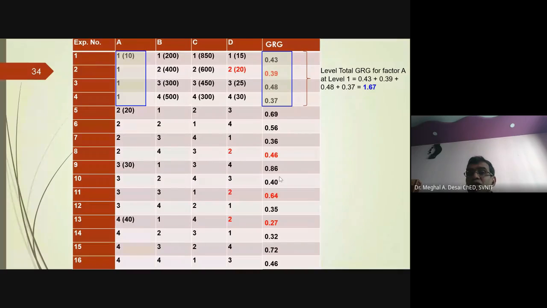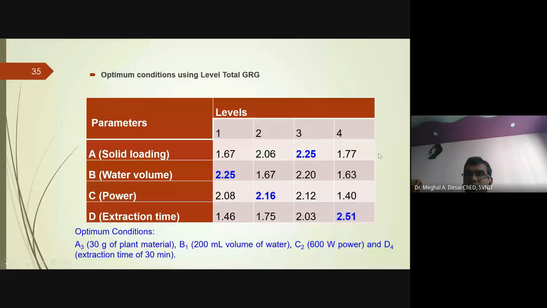So we are not repeating any GRG value for factor A. Similarly, it will be for factors B, C and D. So the total of all 16 GRG values must be the same as level 1 plus level 2 plus level 3 plus level 4 GRG. If there is a mismatch, that means somewhere you have committed a mistake. That is a cross check.